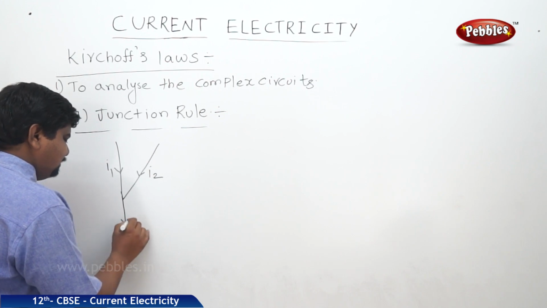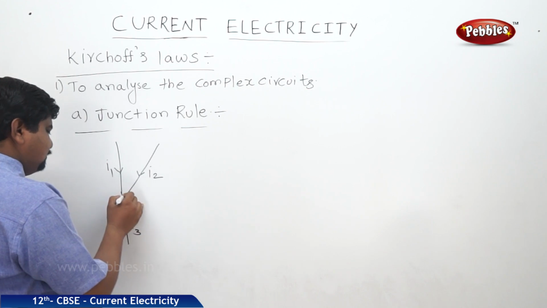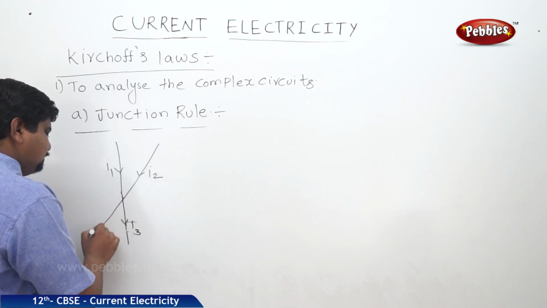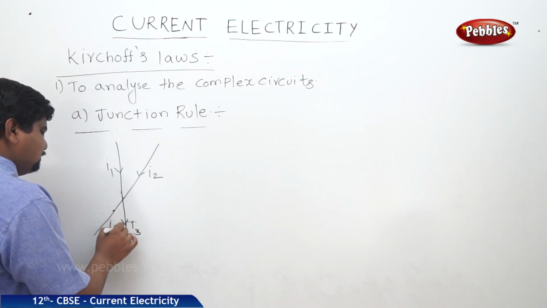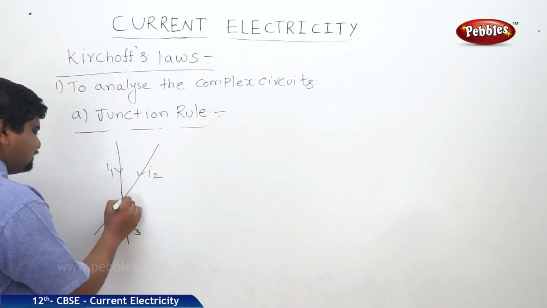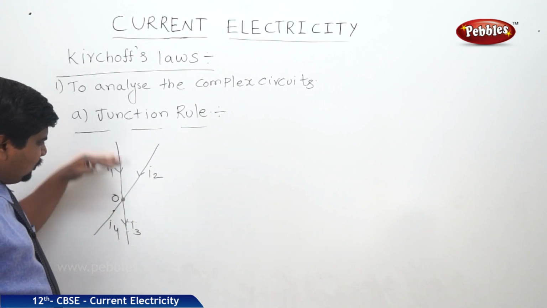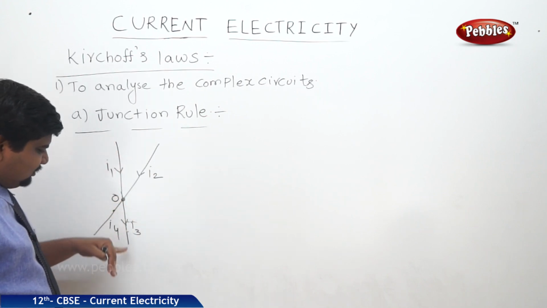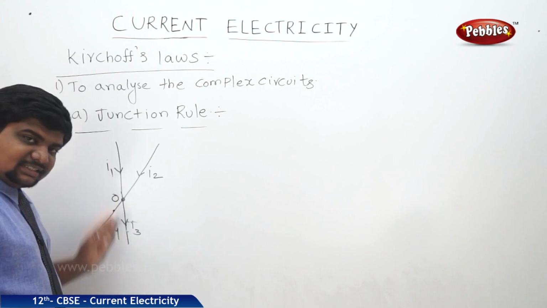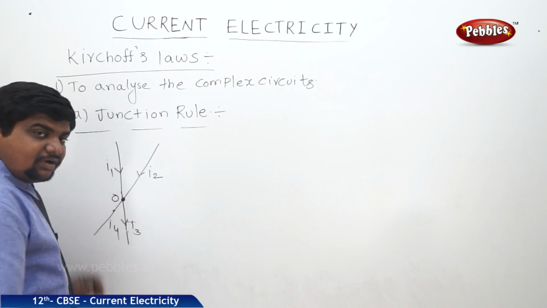Now the current leaving, let us say, is I3. Now another current leaving, let us say, is I4. See, this is the junction point O. With respect to O, I1 is coming and leaving the junction in the form of I3. I2 is coming and leaving in the form of I4.